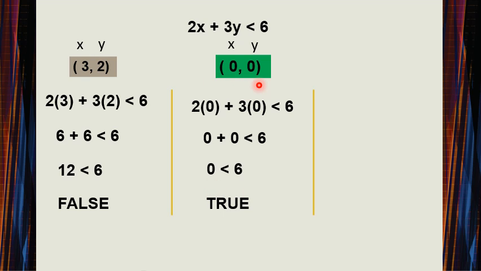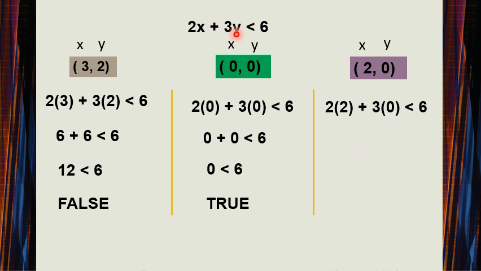How about the other ordered pairs? The 2 and 0. Is this a solution of this linear inequality? Let's have this one. This is x and this is y. Again, substitute the values: x is 2 and y is 0. So 2 times 2 plus 3 times 0 less than 6.